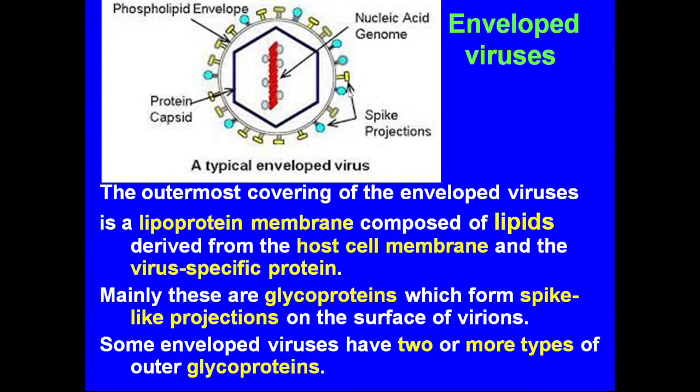And then the second portion of the envelope is the spike projections, and they are virus specific. So we have the host-specific cell membrane that now appears as the envelope of the virus, a phospholipid bilayer, and virus-specific spike projections made up of one or more glycoproteins.